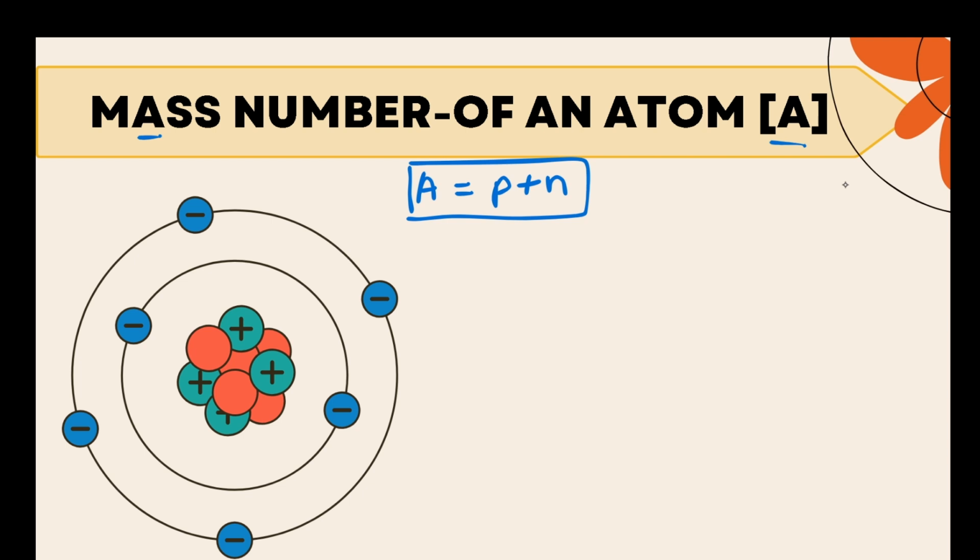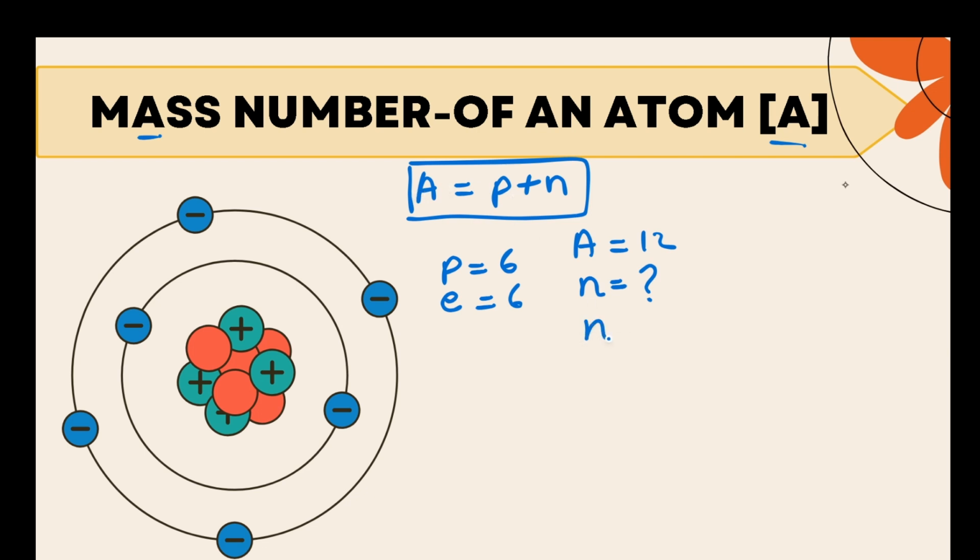So here also we have the example of carbon. We know that the number of protons is 6, number of electrons is 6, and if mass number is given, mass number is 12, how will you calculate the number of neutrons? If you have to calculate the number of neutrons, we know the mass number and we know the protons.